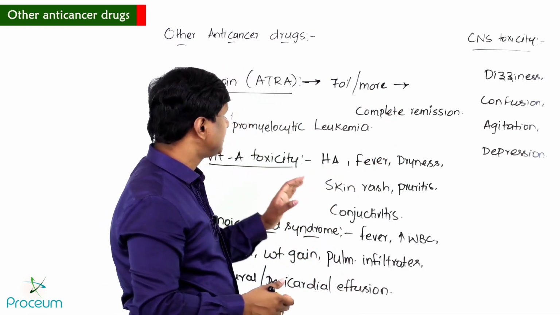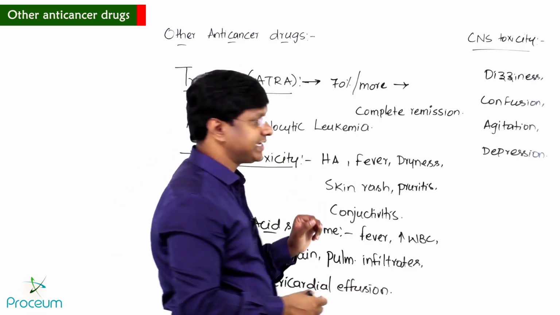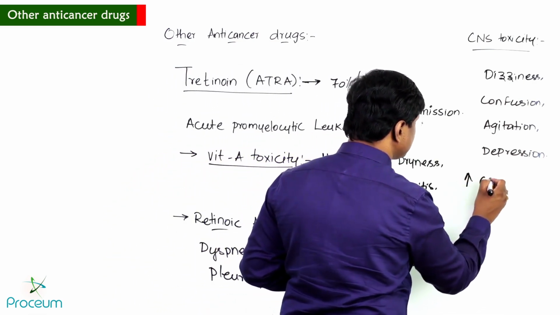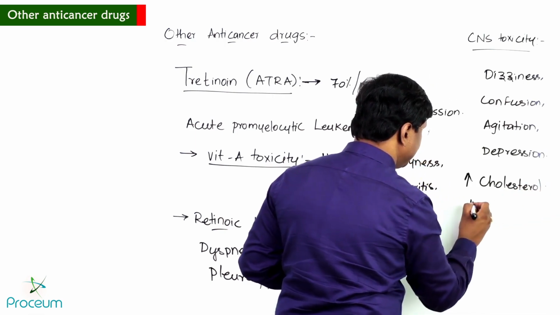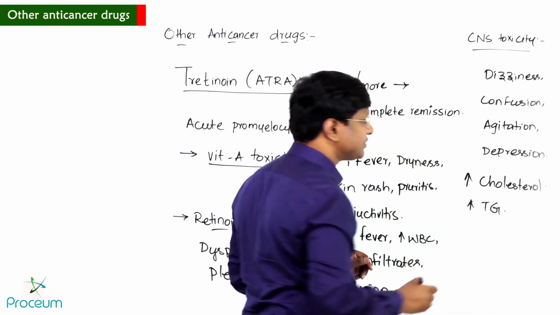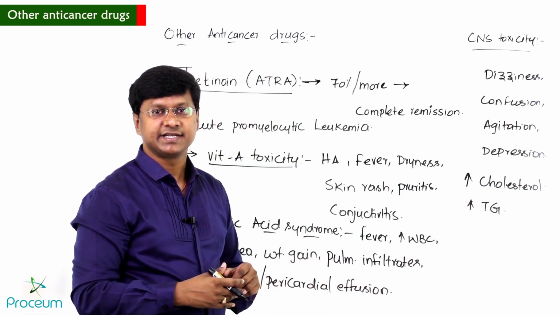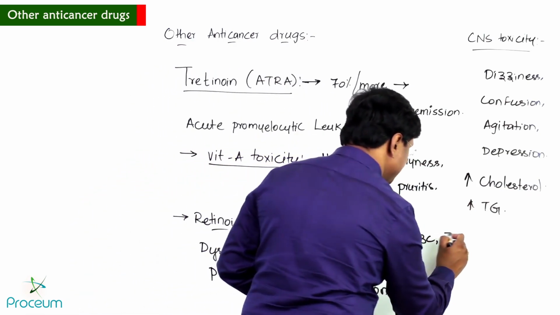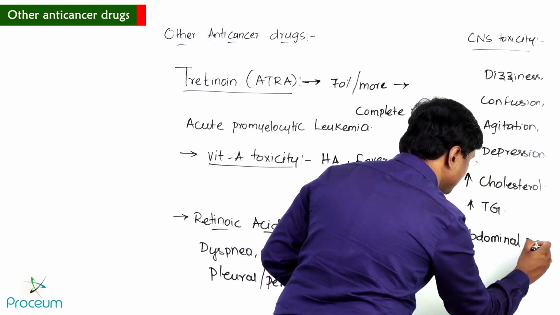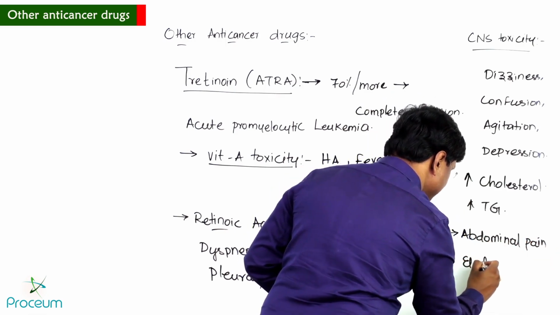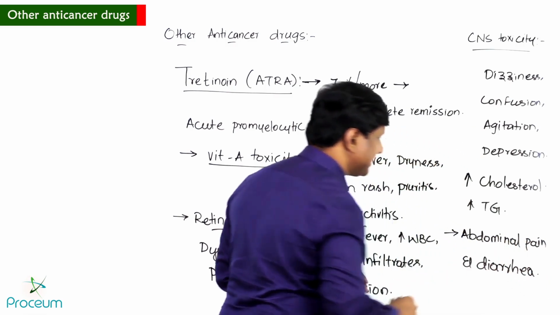Apart from these adverse effects, all-trans-retinoic acid will increase the cholesterol of the individual, so it can cause hypercholesterolemia, and it can also increase the triglycerides, that is hypertriglyceridemia. This drug can also cause abdominal pain and diarrhea.